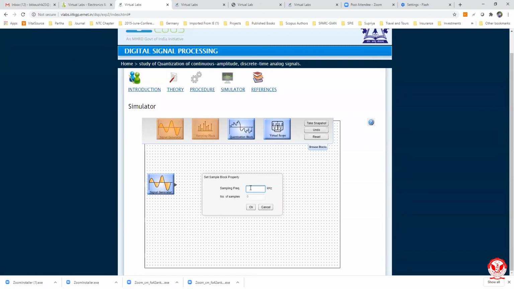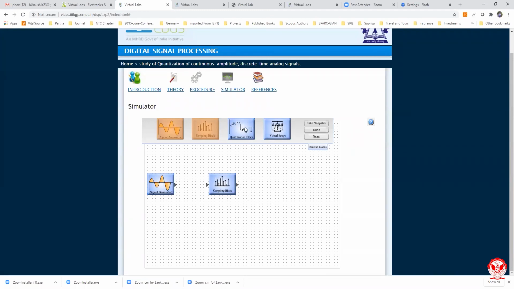Let us set it as 45. It is a case of oversampling, because the Nyquist criterion suggests 6 kilohertz and we are taking 45 kilohertz. And we find the number of samples here is 90. Again, we press the OK button and the window disappears.